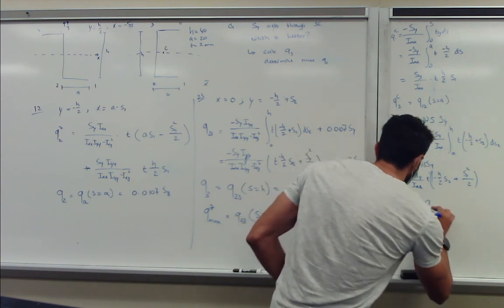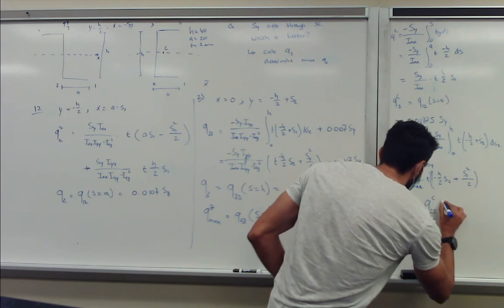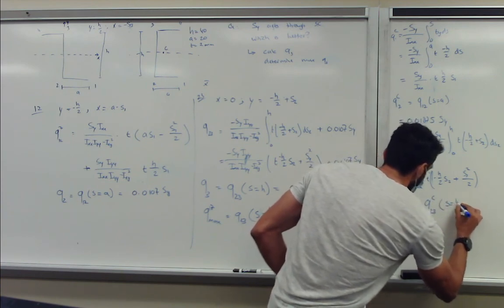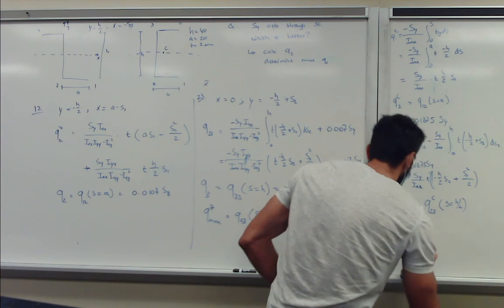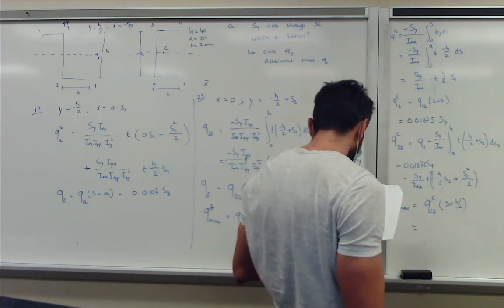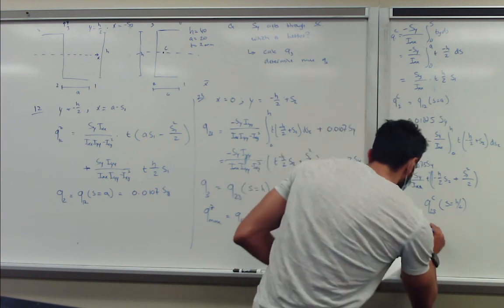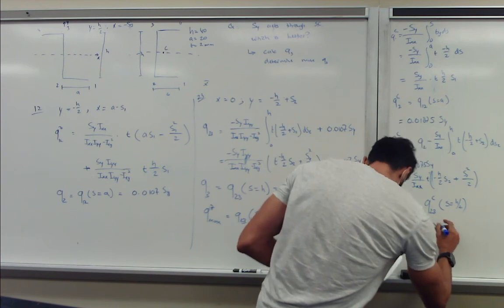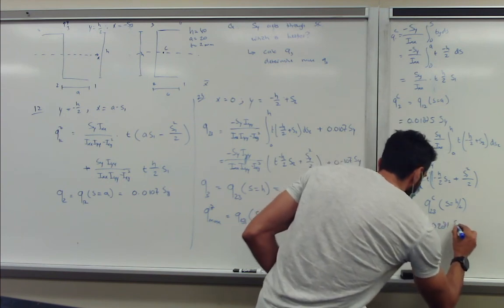So this is Q23 of C evaluated at S is equal to H over 2. And if you do that correctly, we get 0.0281 SY.